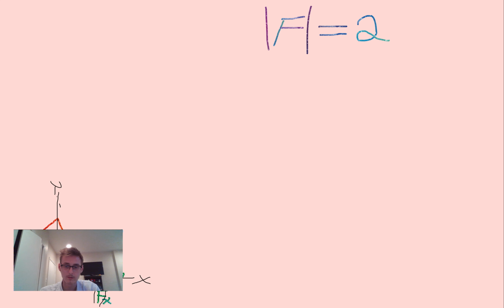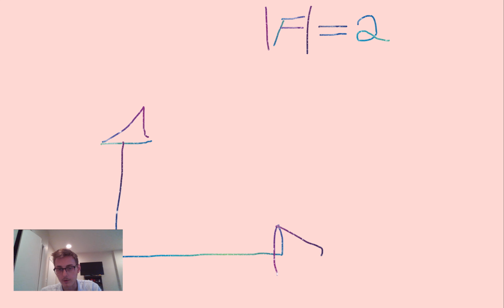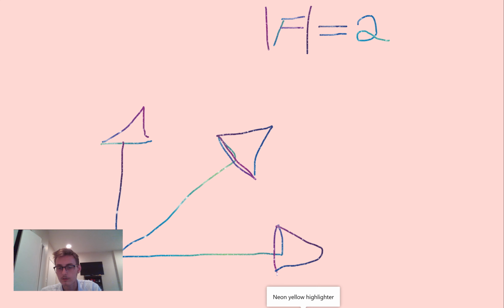So once you understand that, let me blow this equation up a little bit. So here we go. Again, here's our x and y components. Here's our vector. fx, fy, f.